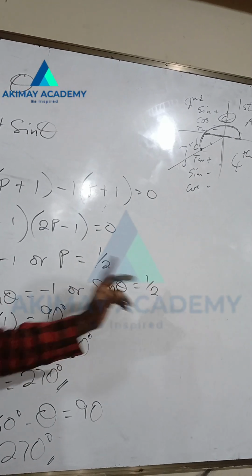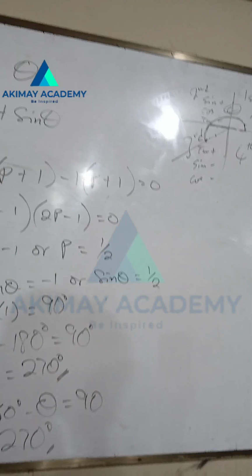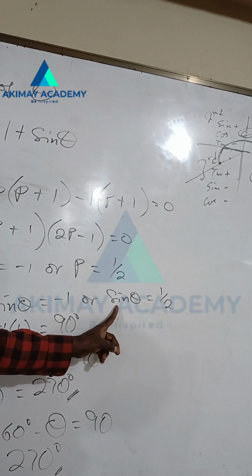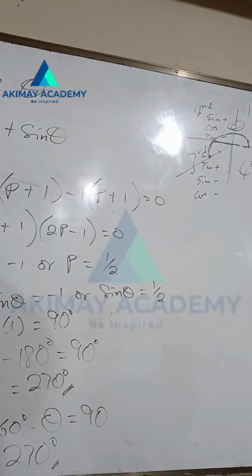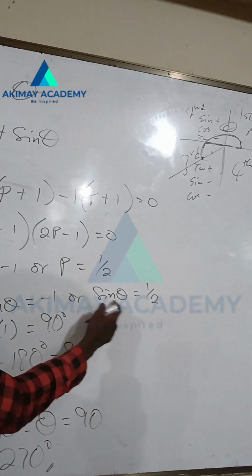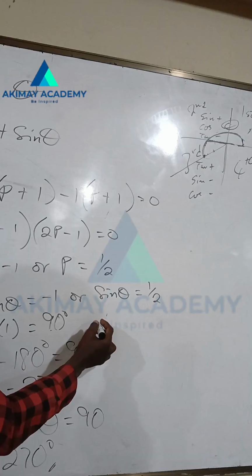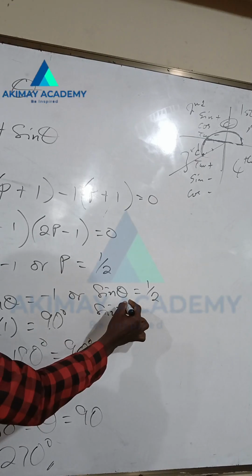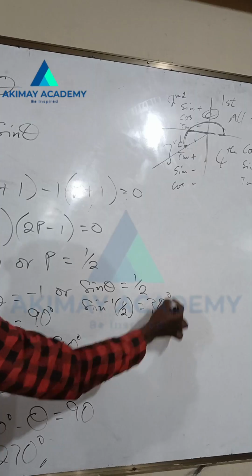We apply the same principle. Sine theta is equal to half. And we realize that half is positive, right? And in which of the quadrants do we have sine to be positive? The first and second quadrant. So in the first quadrant, you can find sine inverse of half. And sine inverse of half is going to be 30 degrees, right?